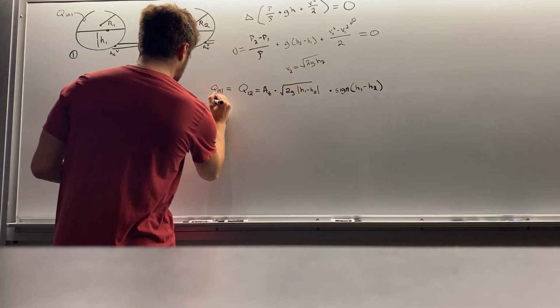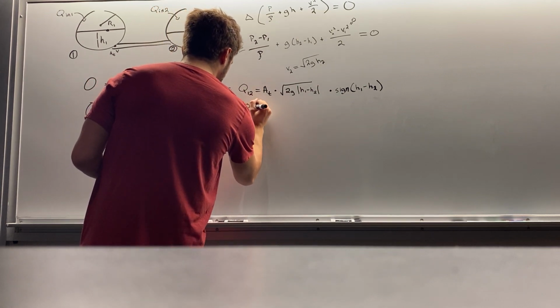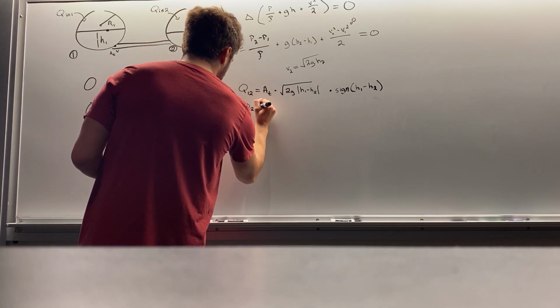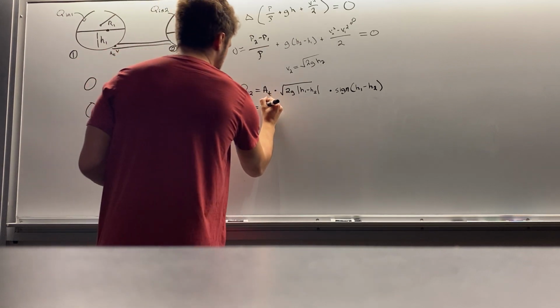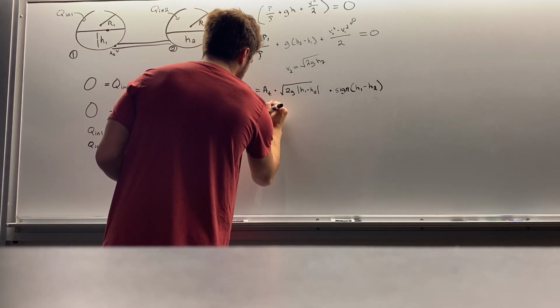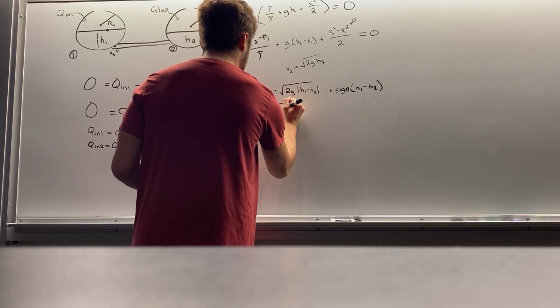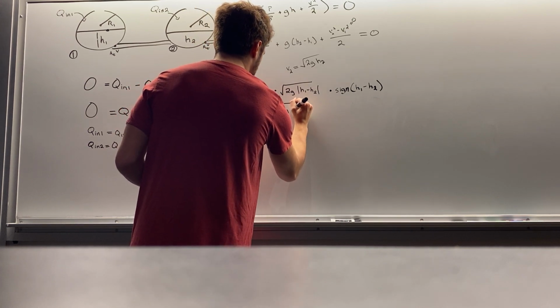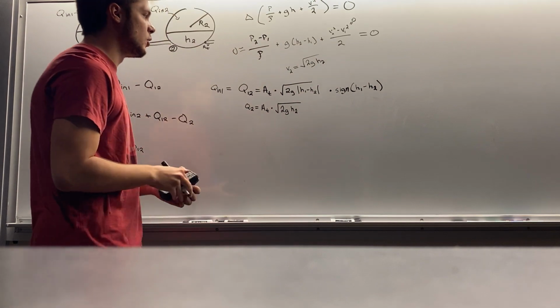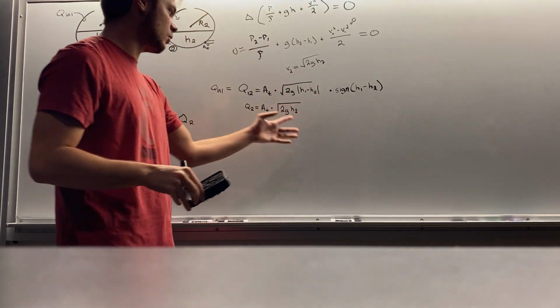So then now our Q2 is just going to be equal to the area of the tube times the velocity, 2g H2.